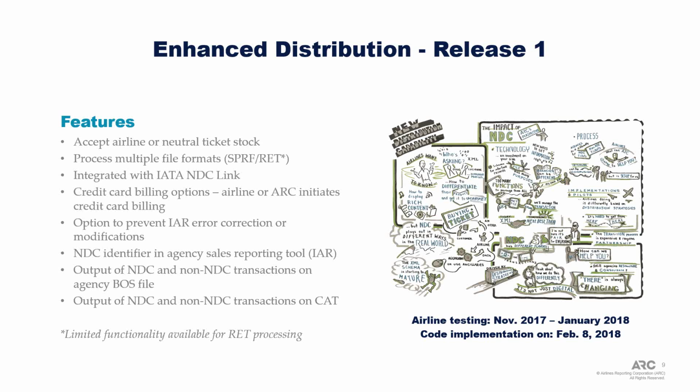In the REP files, we don't get all of that detail. When we initially started testing and taking those in, basically every exchange was failing our edits because we were not getting the detail. So we had to build a workaround where we process exchanges as straight sales. So when an exchange comes in, we process it as a straight sale.